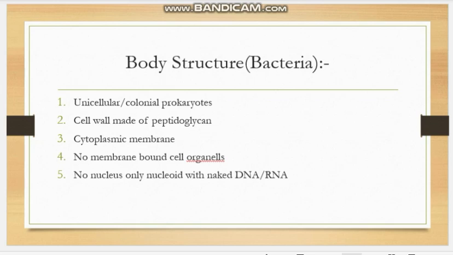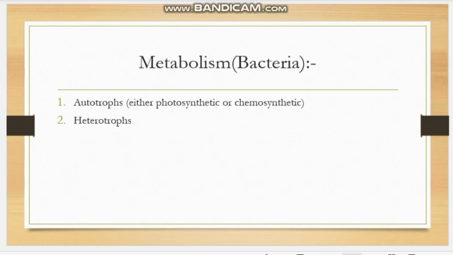And what is the peculiarity of that? What about their metabolism? How do they feed? Firstly, we discussed that they are pathogens or friendly, so it relates to their metabolism. Some bacteria are autotrophs, means they can prepare their food like plants.